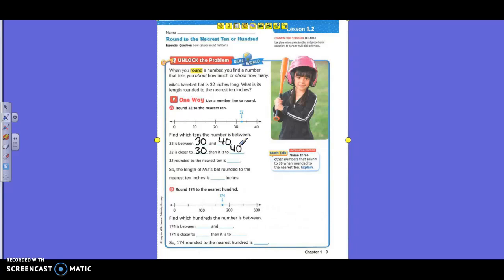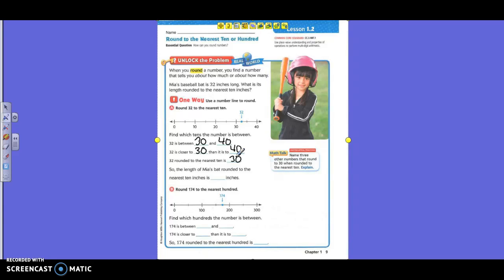So 32 rounded to the nearest 10 would be, everyone, it's closest to what number? 30. So when you round it, it would be closest to 30. So 32 rounded to the nearest 10 is 30, because it is closer to 30 than it is to 40.